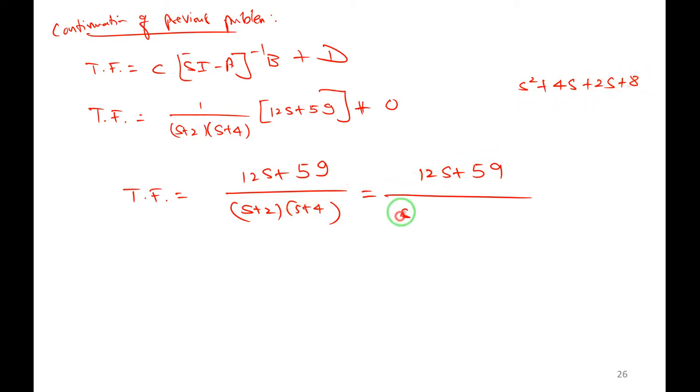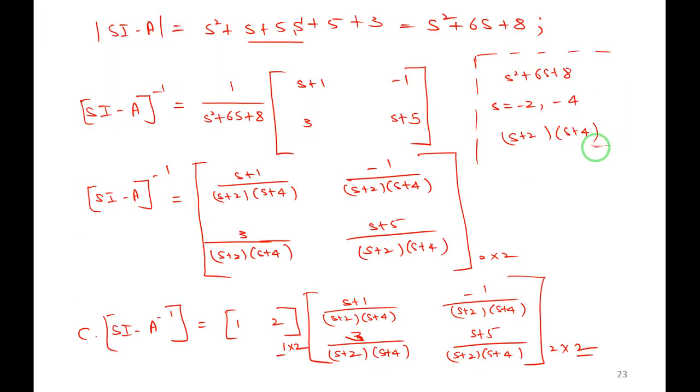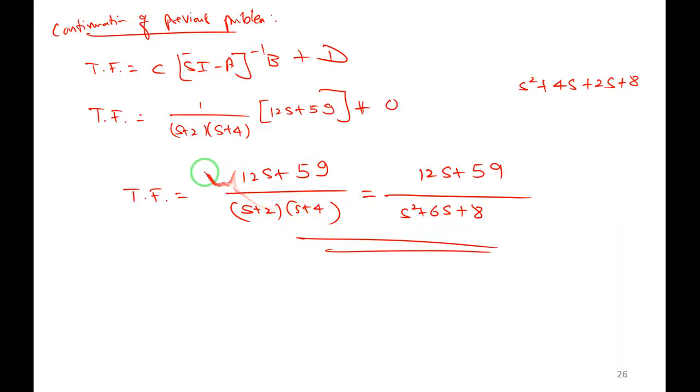So what I am getting, S square plus 4S plus 2S is 6S, plus 8. So this is the transfer function. I hope you are getting it. Let me verify the answer: 12S plus 59 divided by S square plus 6S plus 8. They have not multiplied, they have kept it in the form (S plus 2) into (S plus 4). This is the transfer function.